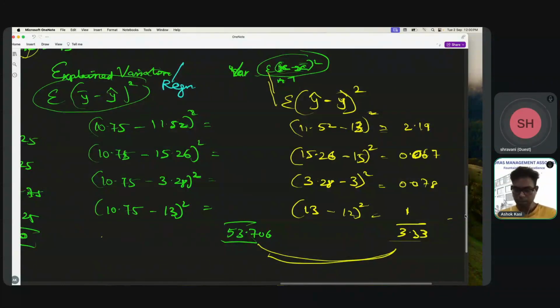10.75 minus 11.52 and then square, 0.5929. Okay, I'll keep it in store 1. 10.75 minus 15.26 square, 20.34.